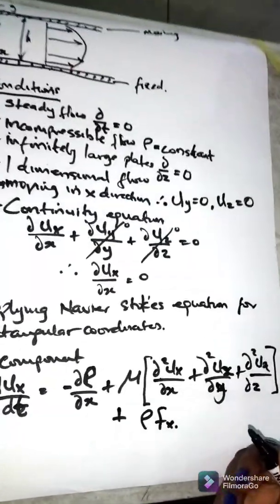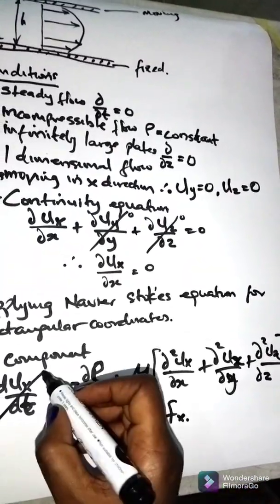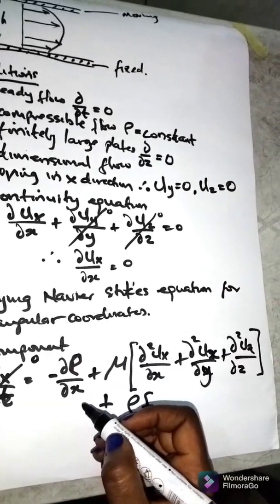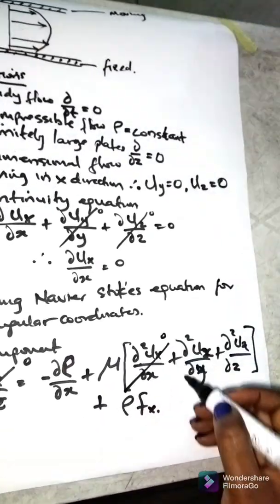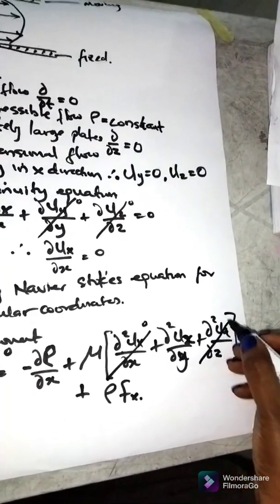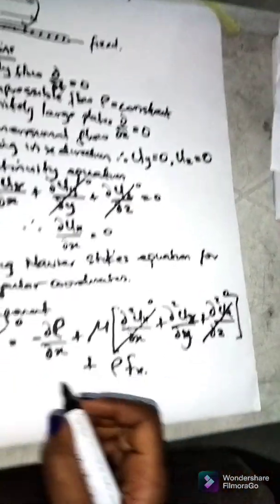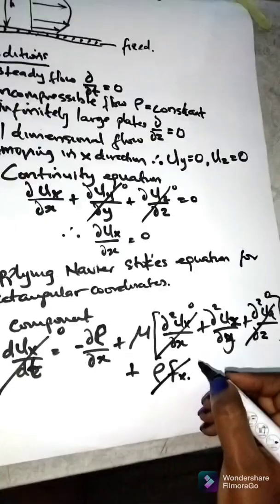If we look at all the conditions, all of these terms will become 0.